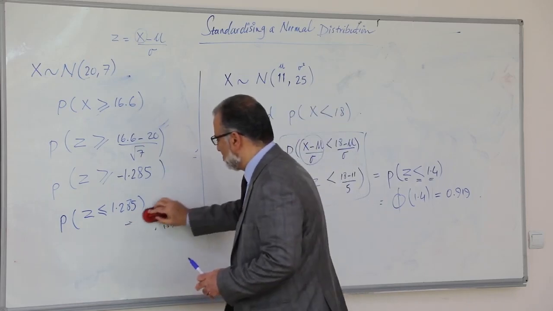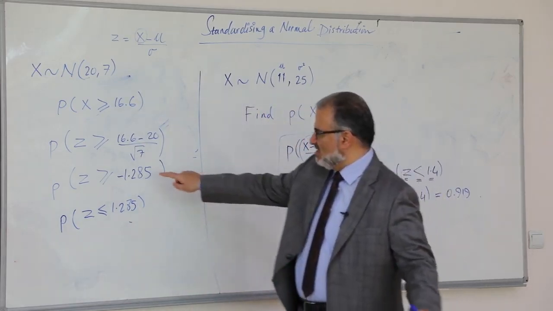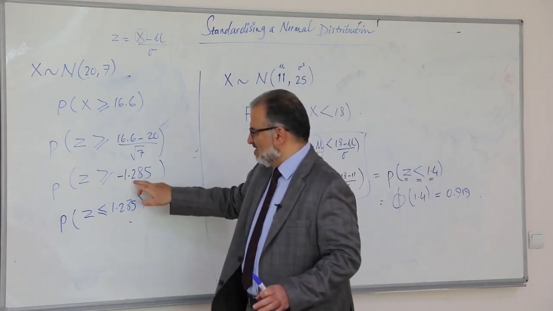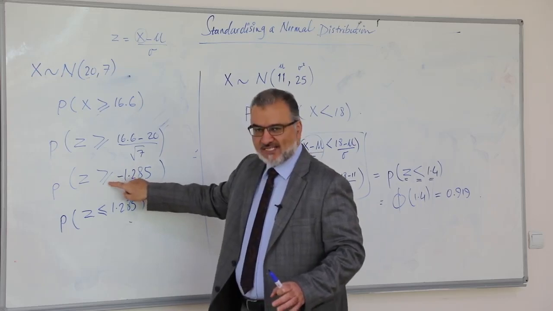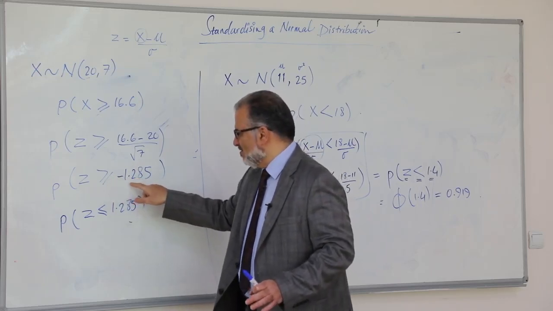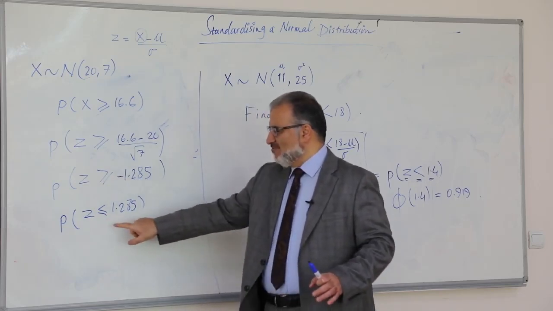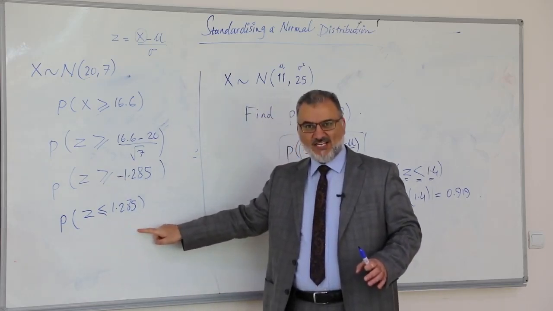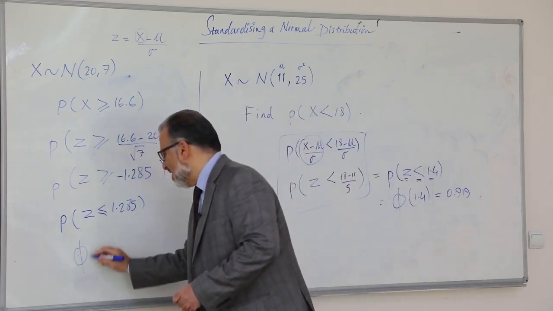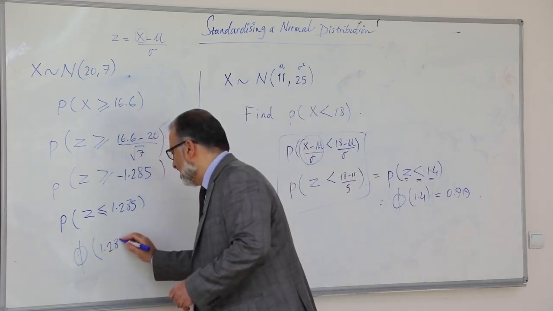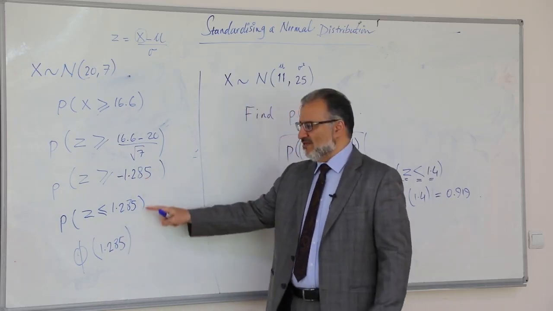In other words, as I told you before, if you want to change it into positive, just switch the sign and switch the direction of the inequality. Both. So this is positive, switch it to be less than. So now, can we find it from the tables directly? Yes, we can. And this one is equivalent to phi of 1.285.